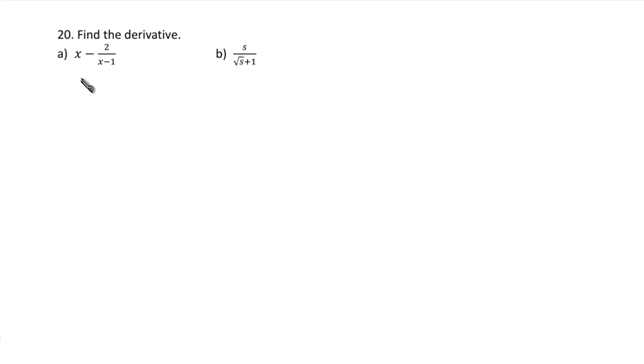Find the derivative. x minus 2 over x minus 1, prime. You differentiate separately. The first one is easy, it's just 1. The second one, you'll need to use the quotient rule because it's a quotient.